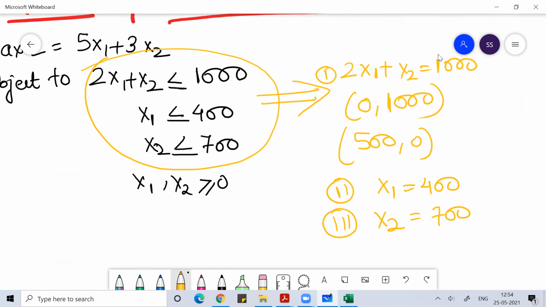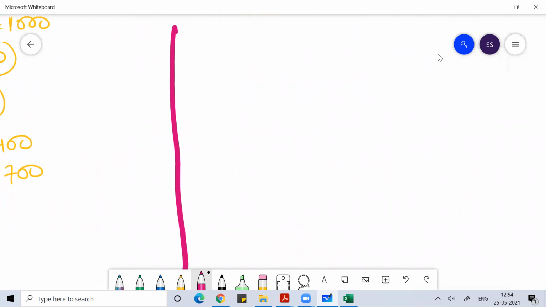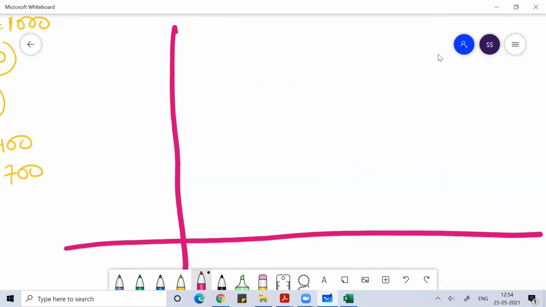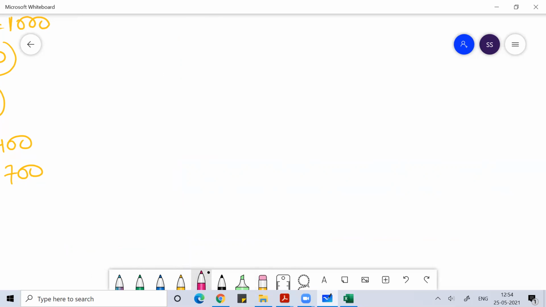All the values are positive, and I'll draw these values in multiples of 100.